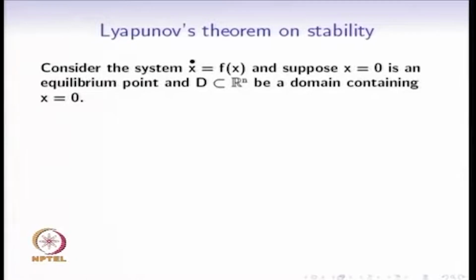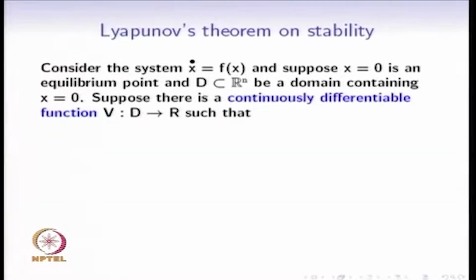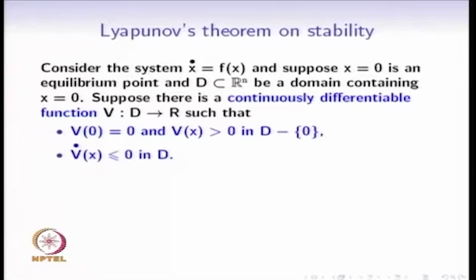So consider the dynamical system x dot is equal to f of x, and suppose x is equal to 0 is an equilibrium point, and this equilibrium point is in a domain D, a subset of Rn. Suppose there is a continuously differentiable function V from this domain to R such that V is equal to 0 at the equilibrium point 0, and it is positive for all other points, and its rate of change with respect to time is less than or equal to 0.